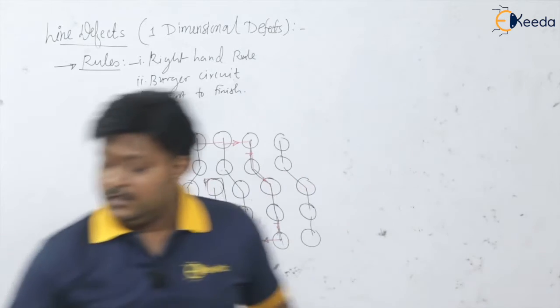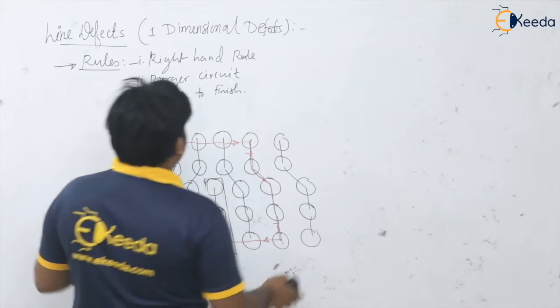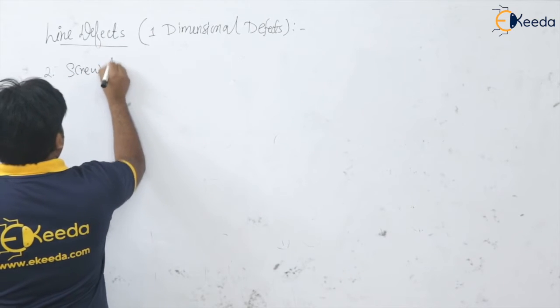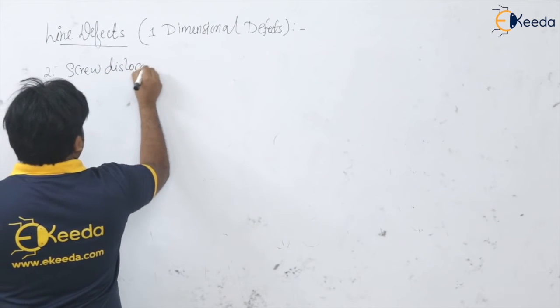So this is about the edge dislocation. And now I am going to talk about the second type, that is the screw dislocation.